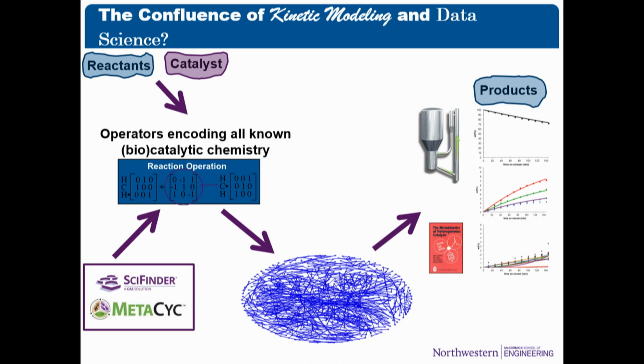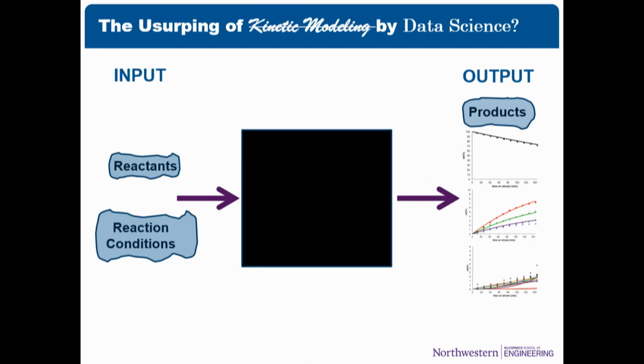The question is whether or not we really need all that atomistic scale information and that detailed kinetic modeling. I think there's a tendency that people want to say data science and machine learning is going to usurp the kinetic modeling. And that's very worrying to me, given that that's what we mostly do.